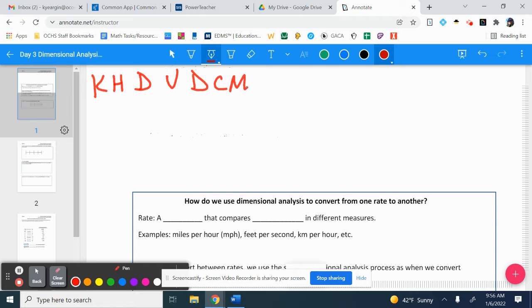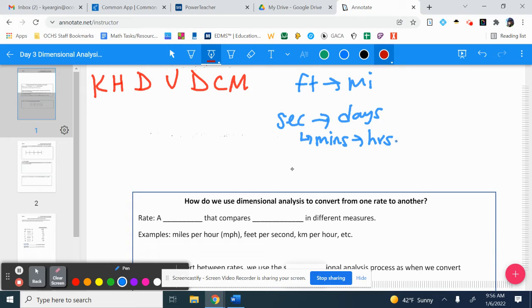Now, we also went back to the English system yesterday. In our English system, we did things like converting feet into miles, or turning seconds eventually into days, but we talked about how we don't know how many seconds there are in a day. So when we do this, seconds first must turn into minutes, minutes then must turn into hours, then hours could turn into days.